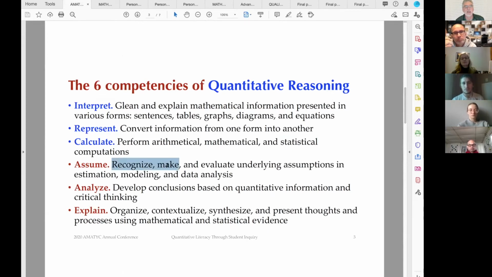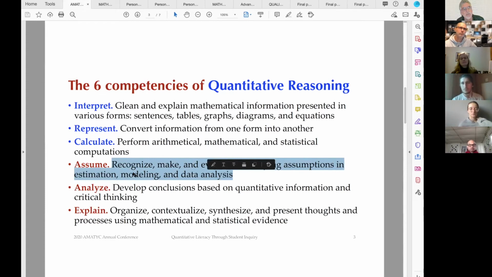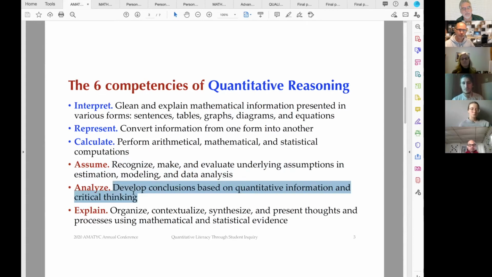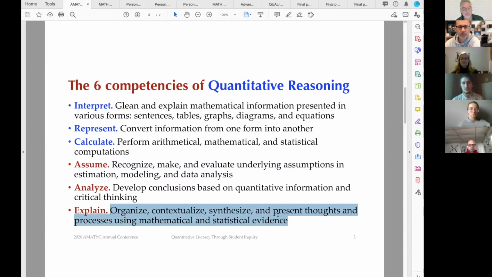But they did a good job of stating their assumptions, and if they had estimations, the estimations were reasonable, they used the right amount of accuracy, they developed their conclusions based on quantitative information and critical thinking, and they organized, contextualized, synthesized, and presented their thoughts and processes. So this is the real content of the course, as I see it: inquiry.